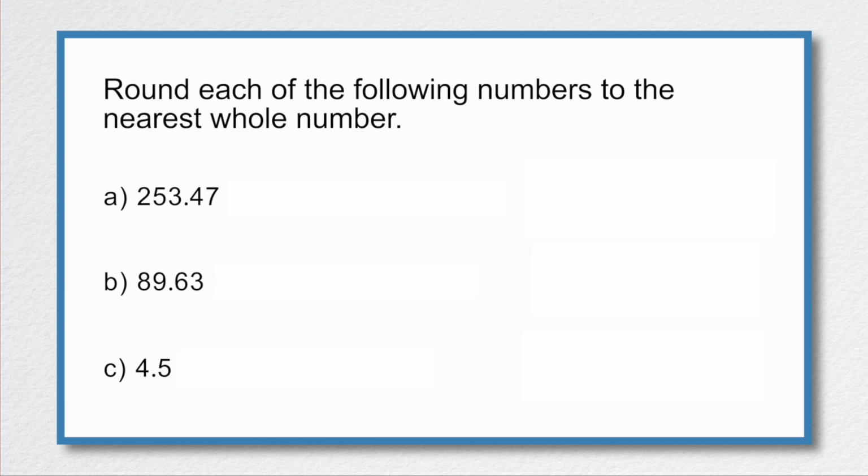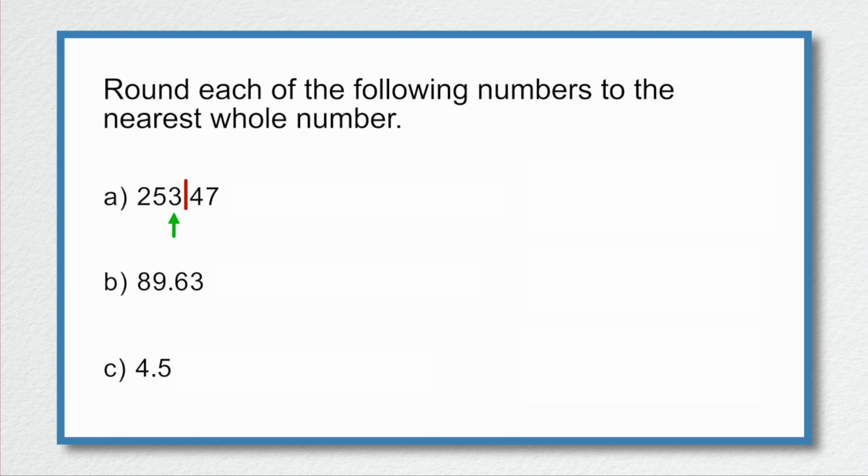Starting with 253.47. Since we are rounding to the nearest whole number, our cut-off point is going to be just after the units column. And as we have done in the previous two videos, we need to determine whether we keep this 3 units the same, or whether we round it up to 4.